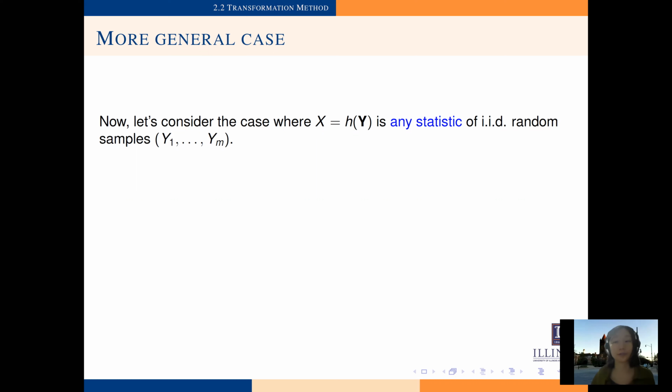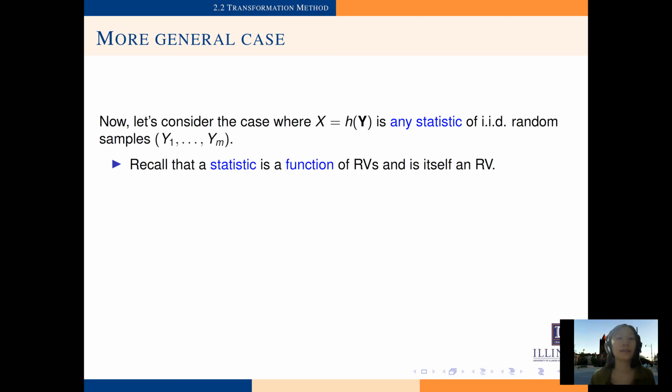Not only just order statistics. Order statistic is one possible type of statistic. Let's recall that a statistic, by its definition, is a function of random variables. So it's a function of the y's. So it itself is also a random variable.